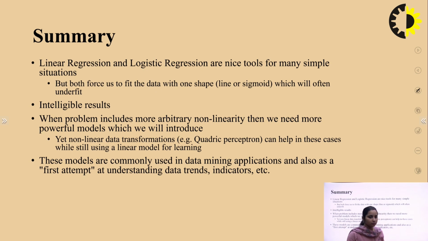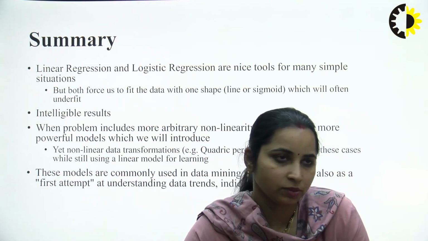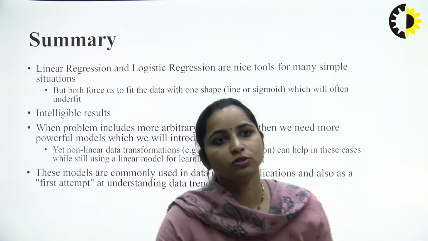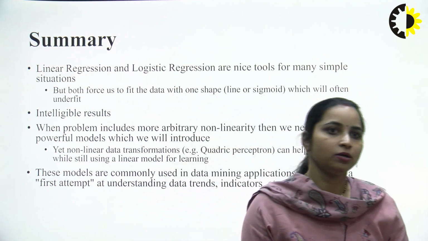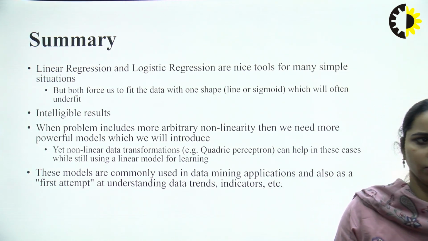Now we come to the end: linear regression and logistic regression are both nice tools, and they work very well in many simple situations, but both force us to fit the data with one shape, either a line or a sigmoid, which will often underfit. They give intelligible results, and when the problem includes more arbitrary non-linearity, we need more powerful models, which we will introduce.